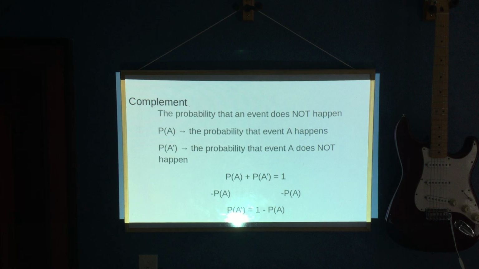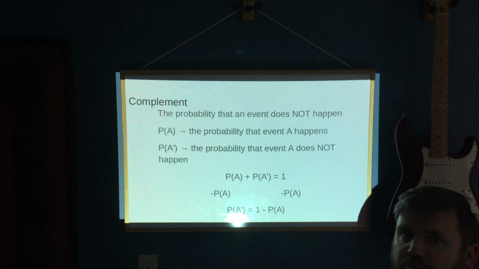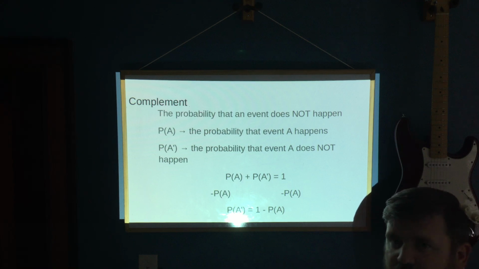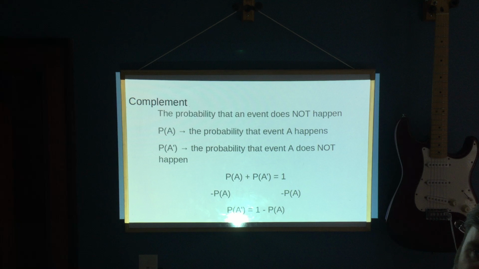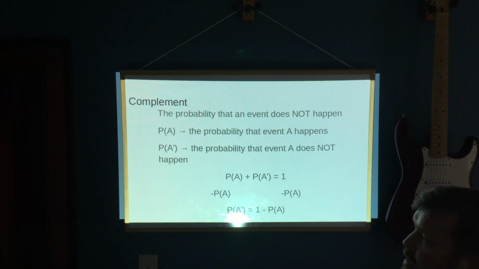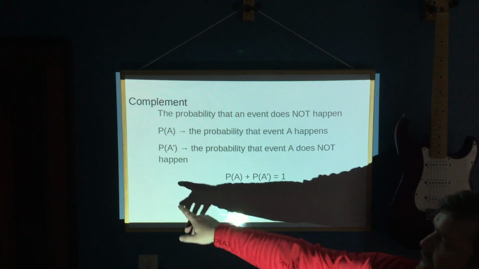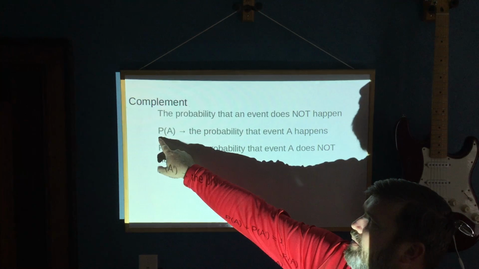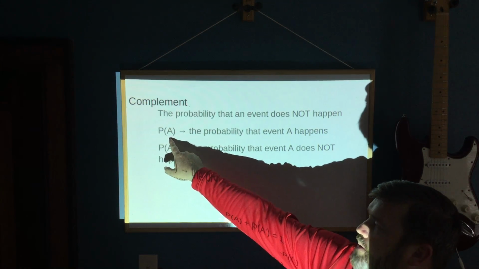We're going to start out by talking about a concept that I didn't get to in yesterday's video, which is called the complement. The complement is, instead of finding the probability that something does happen, finding the probability that something does not happen. So let's look at some notation. We should recognize this from yesterday, the probability that an event does happen.